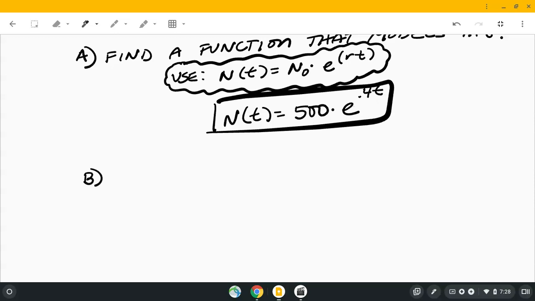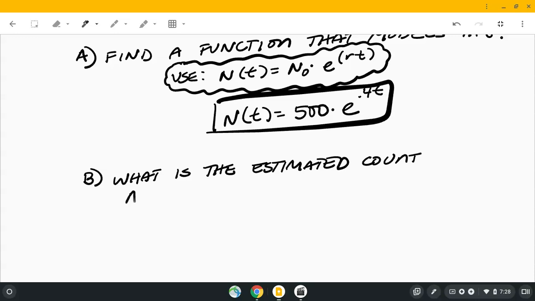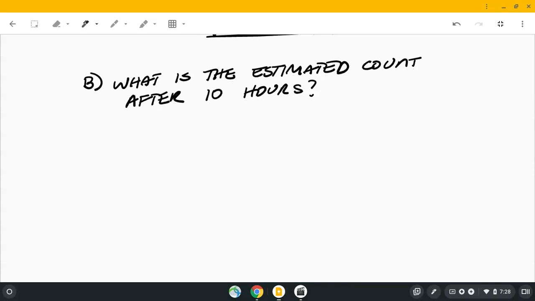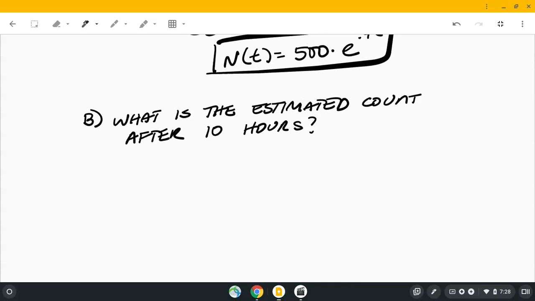All right, part B, what is the estimated count after 10 hours? Now we're going to use this function and evaluate it for t equals 10.